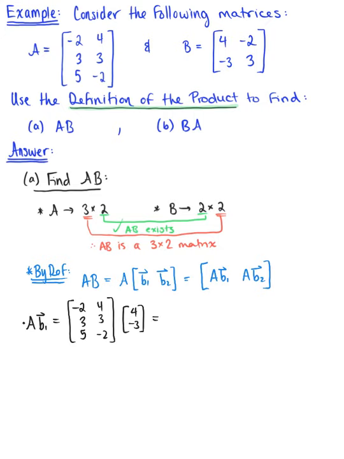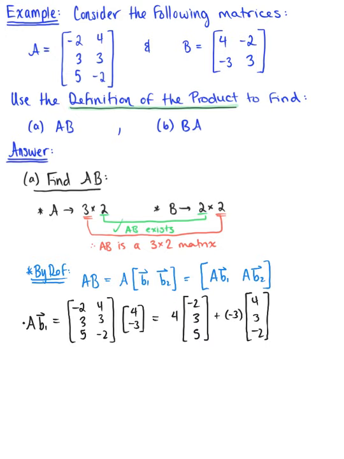By definition, we can expand this to a linear combination. That's going to be 4 multiplied by the column vector -2, 3, 5, plus -3 multiplied by the second column vector 4, 3, -2.